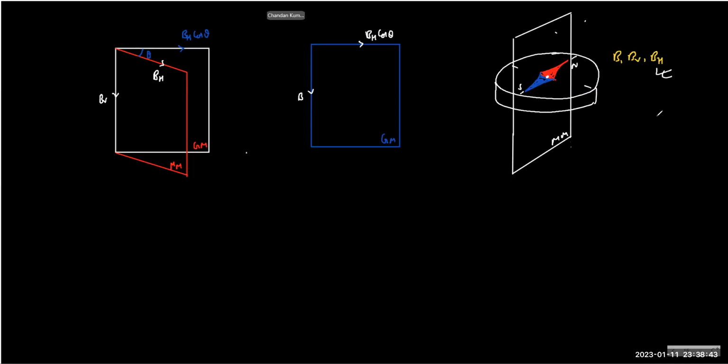Now imagine if I make the compass vertical. So a vertical compass, I can draw the same compass like this. Imagine if I draw a compass like this.